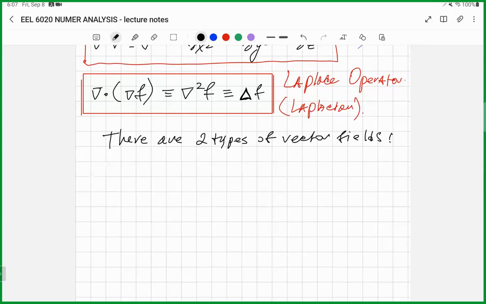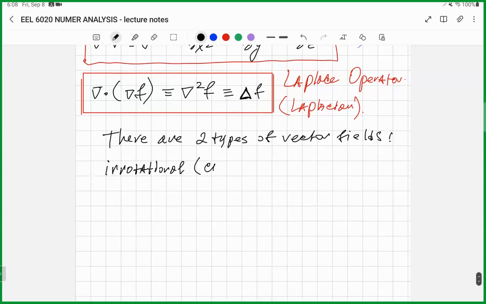Namely, let's name it irrotational, meaning rotationless, right? No rotations. Irrotational, it's also known as curl-free field.